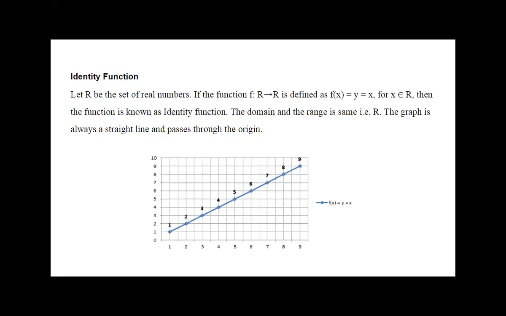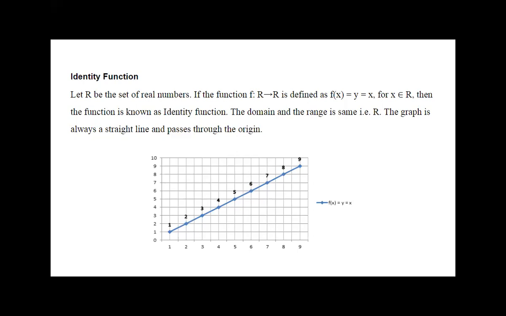So for the identity function the graph is a straight line. Let R be the set of real numbers. The function f from R to R is defined as f of x equal to y equal to x, that is, for x belongs to R.